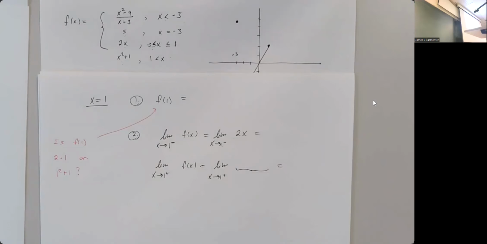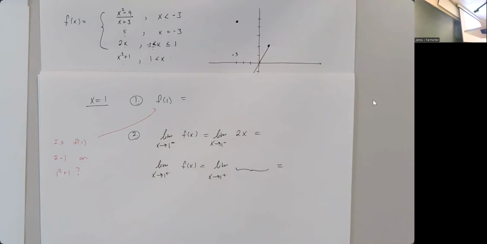So here we're just trying to find the limit, so we're not even doing the x equals 1 part, right? If x is approaching 1 from the left of 2 times x, what can we do to evaluate that? Let me phrase it differently. x is getting really, really close to 1.